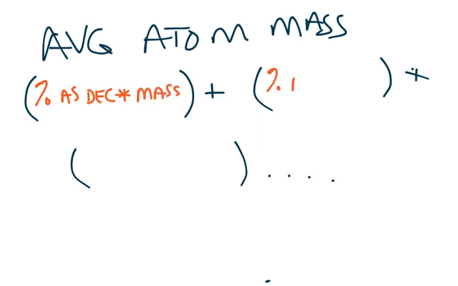Okay, so each isotope is different. So percent as a decimal times the mass of this one. Percent as a decimal times the mass of this one. However many isotopes you have, that's how many sets of parentheses. It can be 2, it can be 5, it can be 7. I'll try not to go there very much.